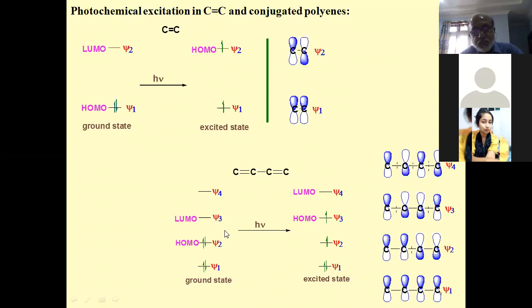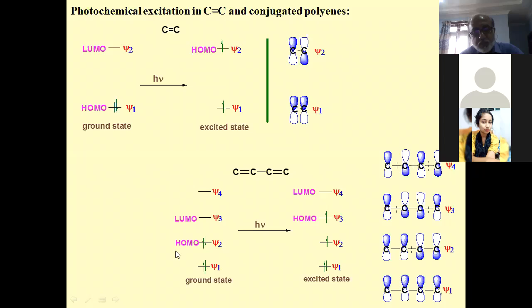So the transition state will involve that HOMO and LUMO, and it is the energy difference between the HOMO of the diene and the LUMO of the dienophile. Now in this case, what is the ground state and excited state? The diene has four pi molecular orbitals, psi1, psi2, psi3, psi4.